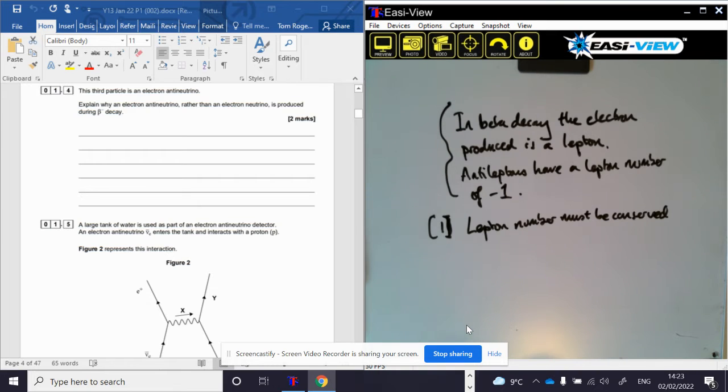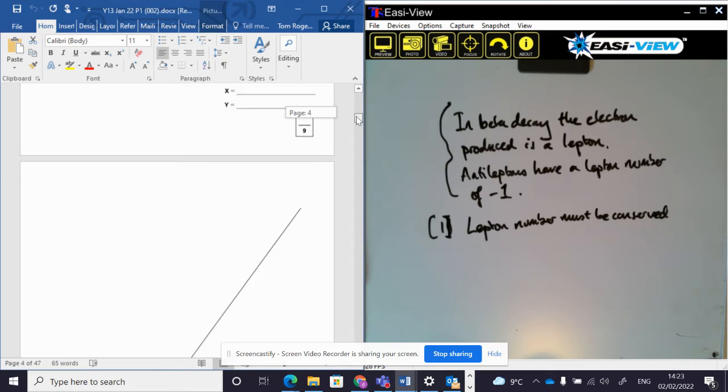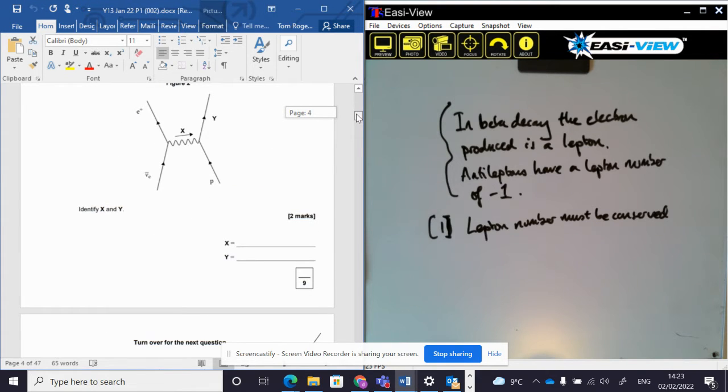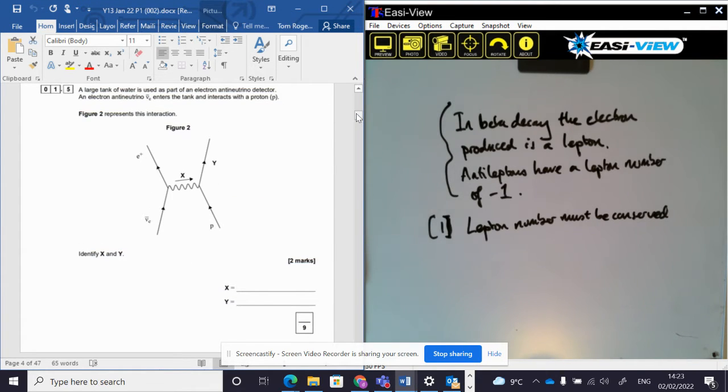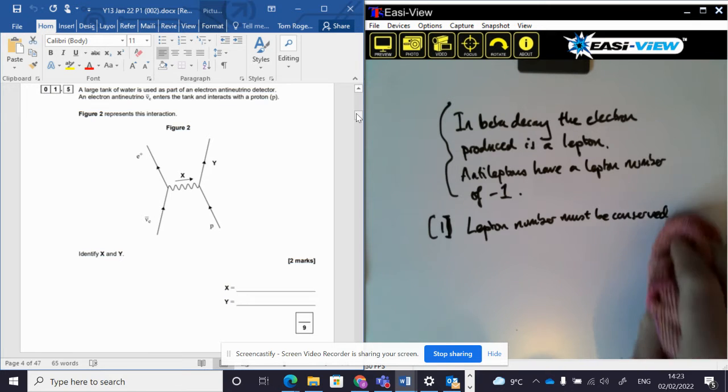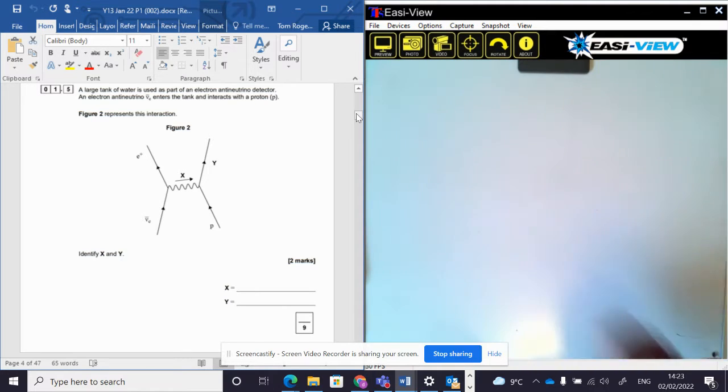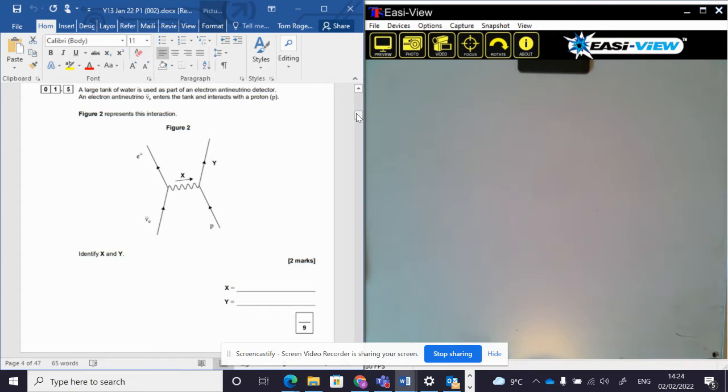The next part we move on to is this Feynman diagram. It's a Feynman diagram of a decay, and we're given that a large tank of water is used as part of the electron neutrino detector. Figure 2 represents the interaction.